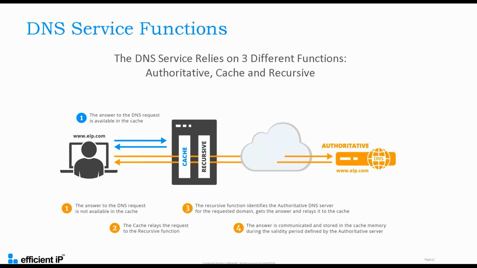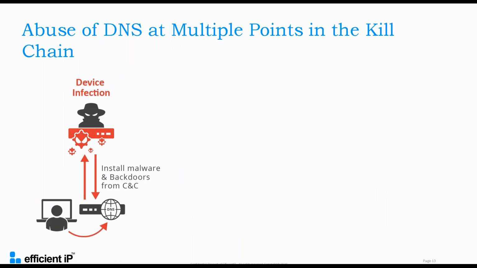So this query has basically been routed through our network to the internet, to a third-party resolver or a third-party server, let's just say, and then its response has been pushed back into our network. So here we say the answer is not in the cache. The cache relays it to the recursive. Recursive gets it from the authoritative. The answer is communicated and stored in cache memory. So that's typical for how a DNS flow would work in most, if not all, cases.